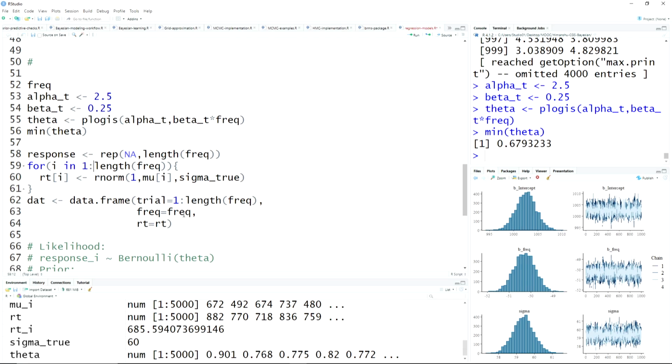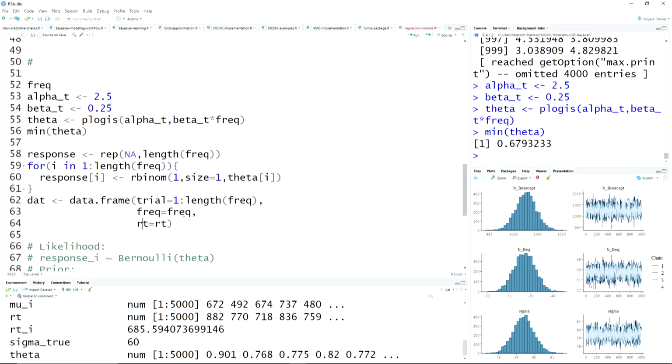Response in the ith trial comes from a Bernoulli distribution, sample size 1, and probability theta being theta i.